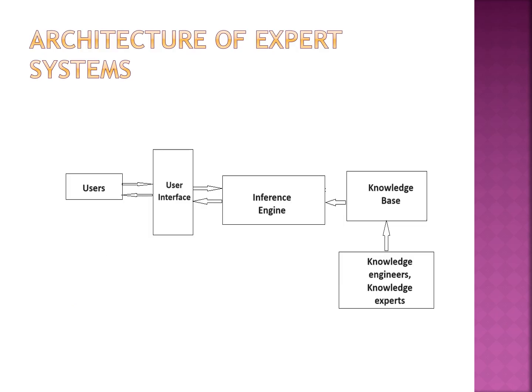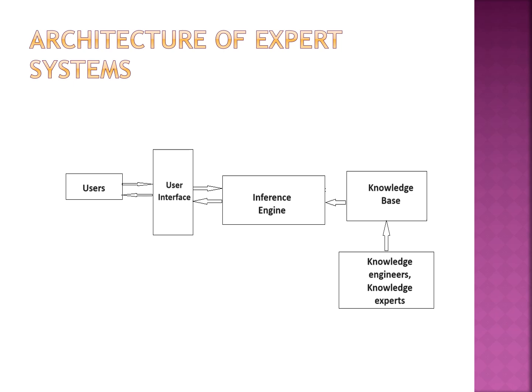And this is the architecture of an expert system. You can see here we have users. Users may be unskilled users, they may not have sufficient knowledge, so there is an explanation facility to tell the users why the answer is correct and why it is relevant to the query.